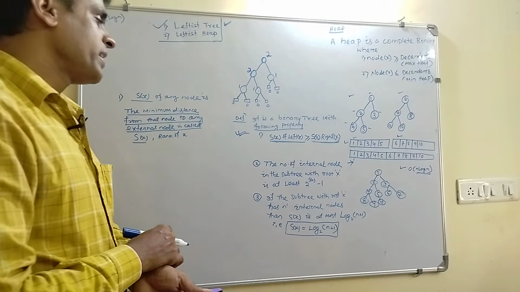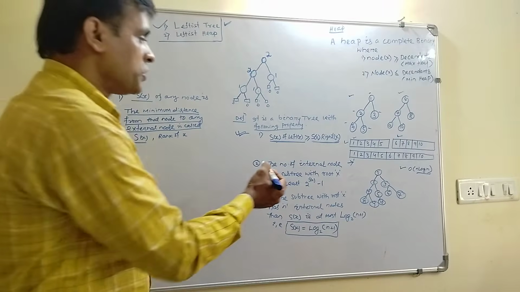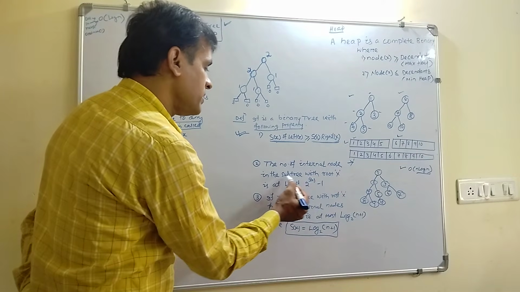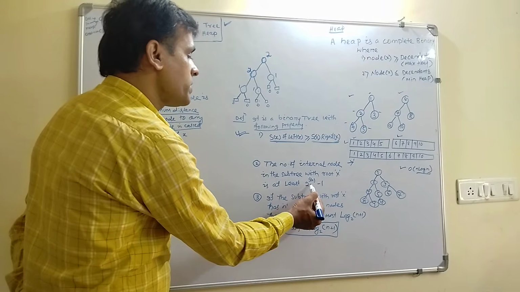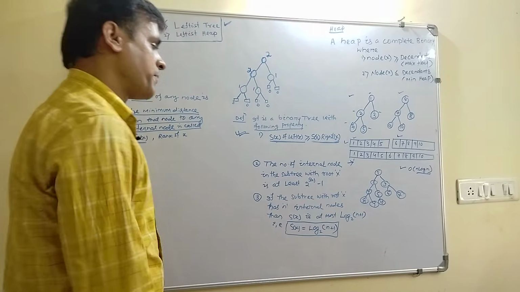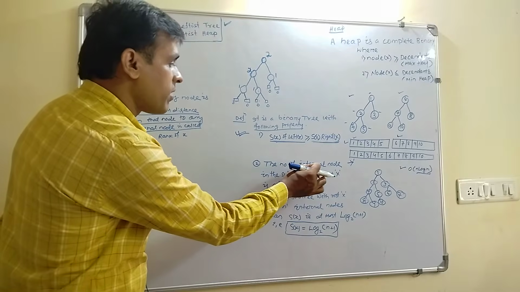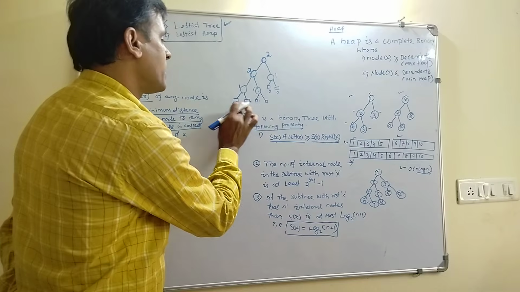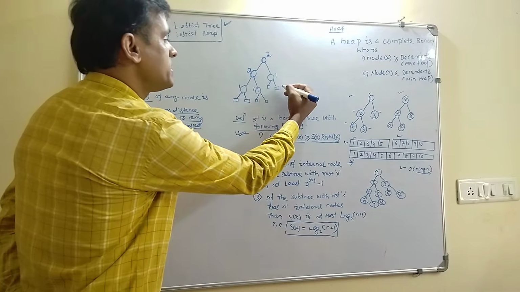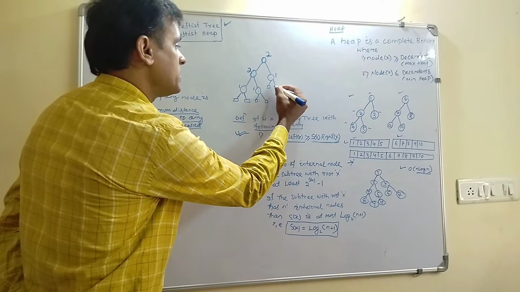The second property says that the number of internal nodes in the subtree with root x is at least 2 to the power Sx minus 1. Now, the number of internal nodes in the subtree. Suppose you consider any subtree, suppose this one, only this external node.